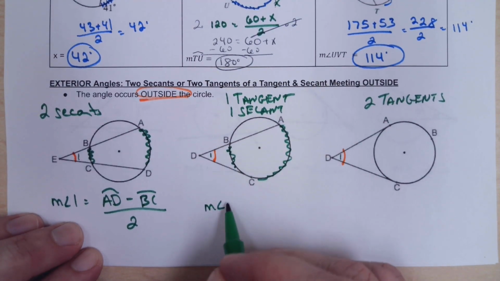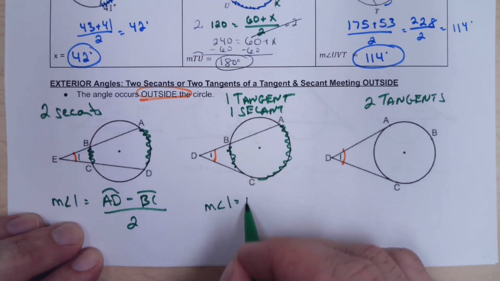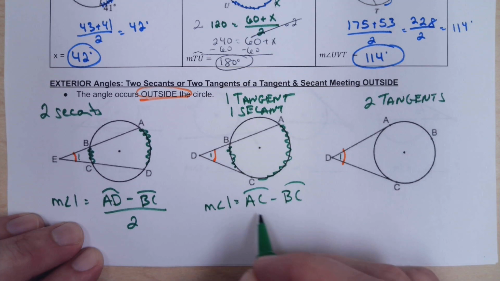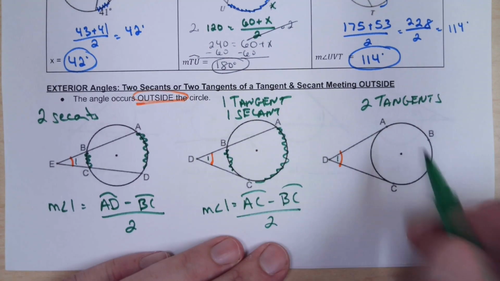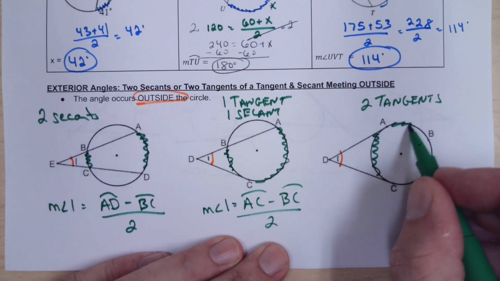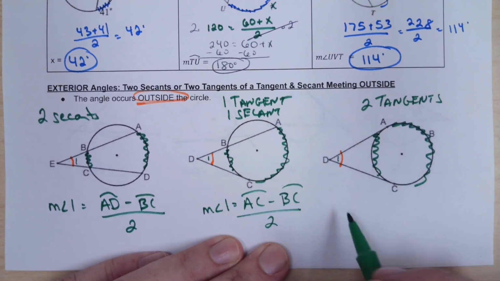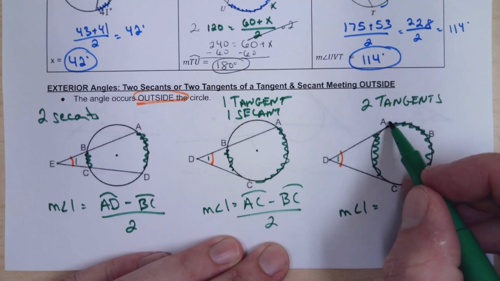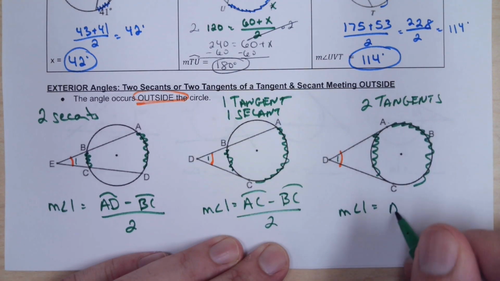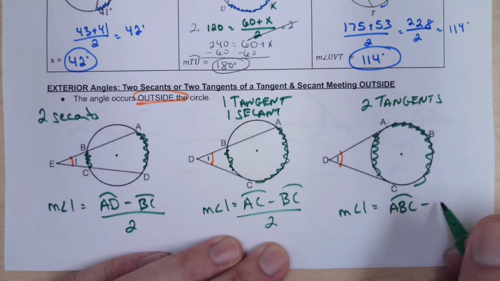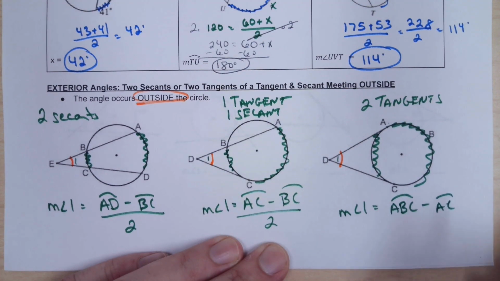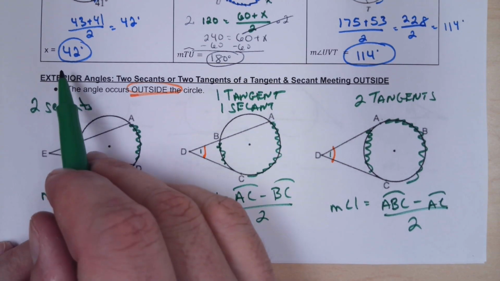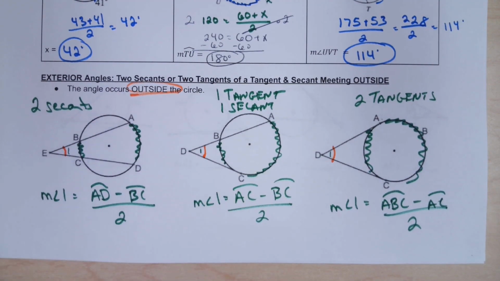So the measure of angle 1 is equal to arc AC minus arc BC divided by 2. And lastly, the measure of angle 1 is equal to the big arc ABC minus arc AC divided by 2. So when it's exterior, we're going to subtract and divide by 2.